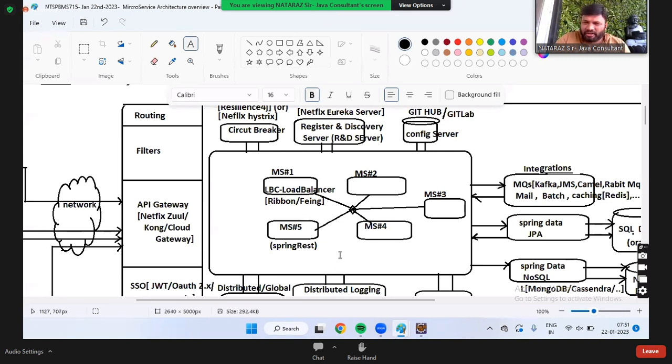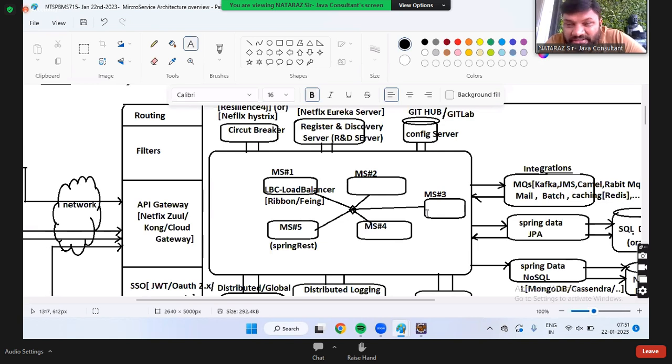But is it good for a client to remember multiple URLs to interact with multiple microservices? No, it's really bad. If I can provide a common entry point for all these microservices, that would be really nice or not? Common entry point, common URL.